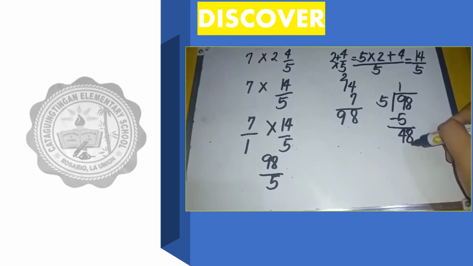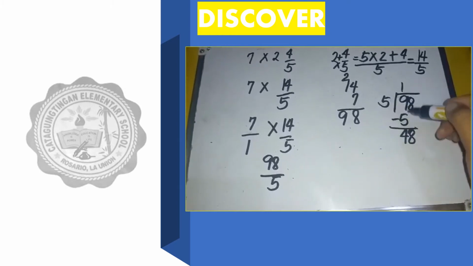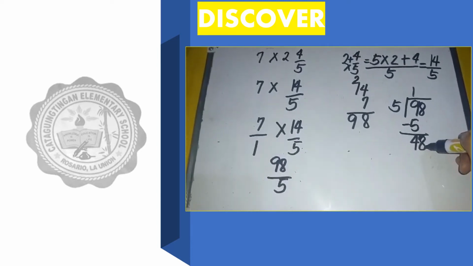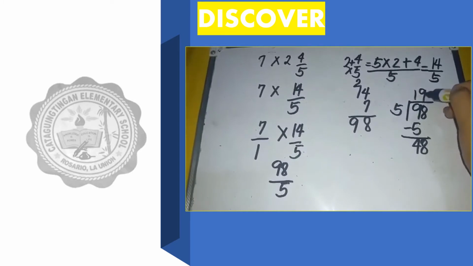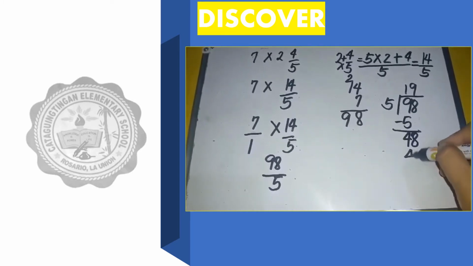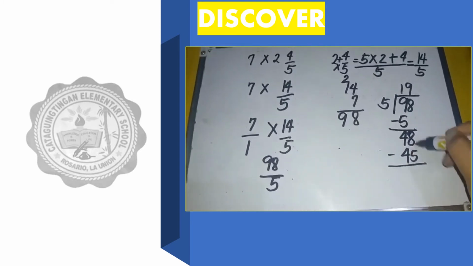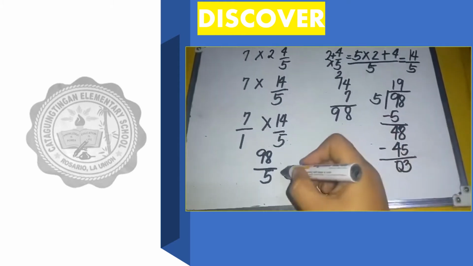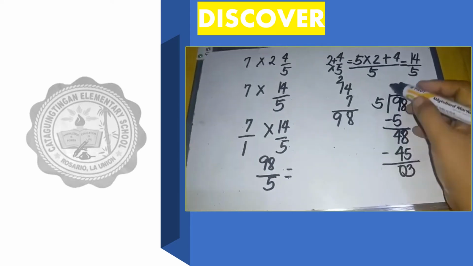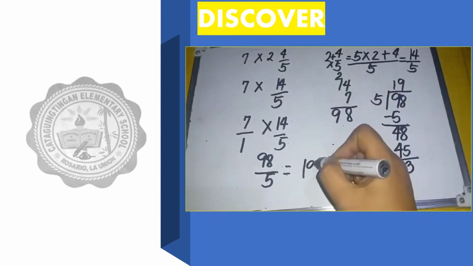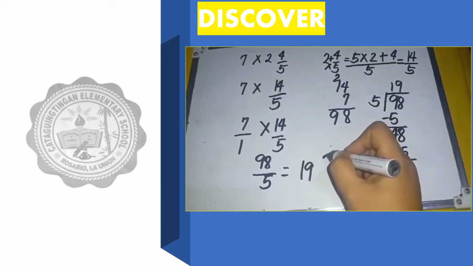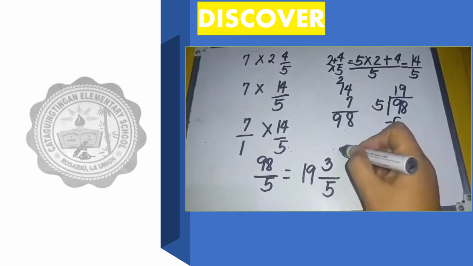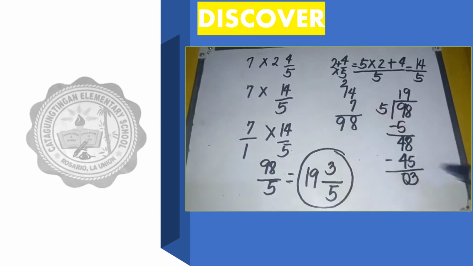So, 48. 48 divided by 5 is 9. 9 times 5 is 45. So, we will proceed to subtraction. 8 minus 5 is 3. 4 minus 4 is 0. So, ang final answer dito, yung 19, yun yung whole number. Then, yung 3, yung numerator. At yung 5, yung denominator. So, yan po yung final answer. Naintindihan po?